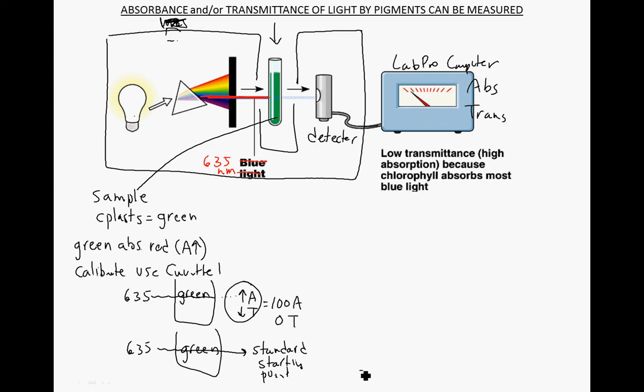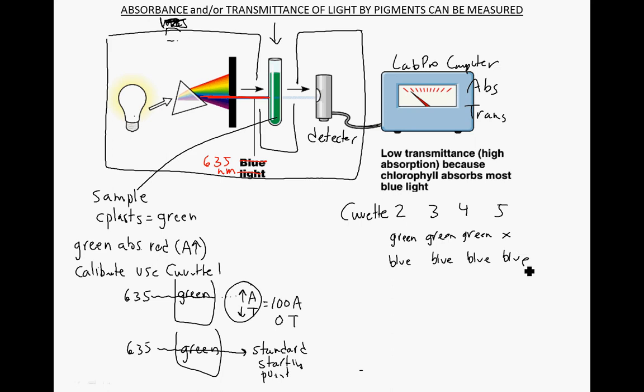Now, in the other cuvettes, cuvette 2, 3, 4, and 5, you're going to put chloroplasts in each one. So those are going to be green, except for the last one, you're not going to put any in. And then you're also going to put DPIP in, so there's going to be blue dye in there as well.